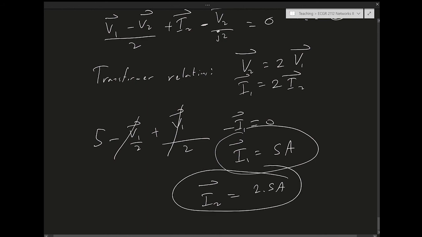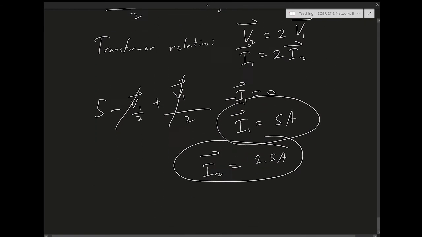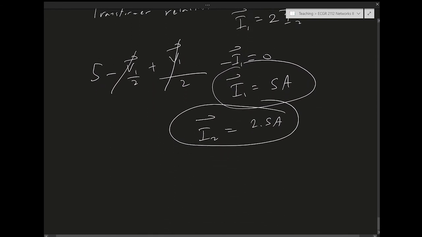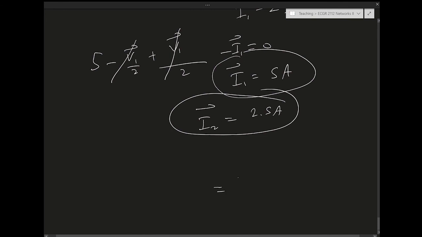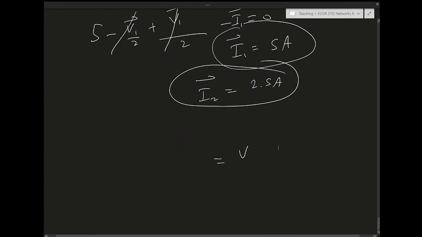Okay, so we're halfway through. The next step is to find V1 and V2, and to do that we look at the second equation. Let me rewrite it. Let me send V2 over J2 to the other side, so this becomes V2 over 2J.